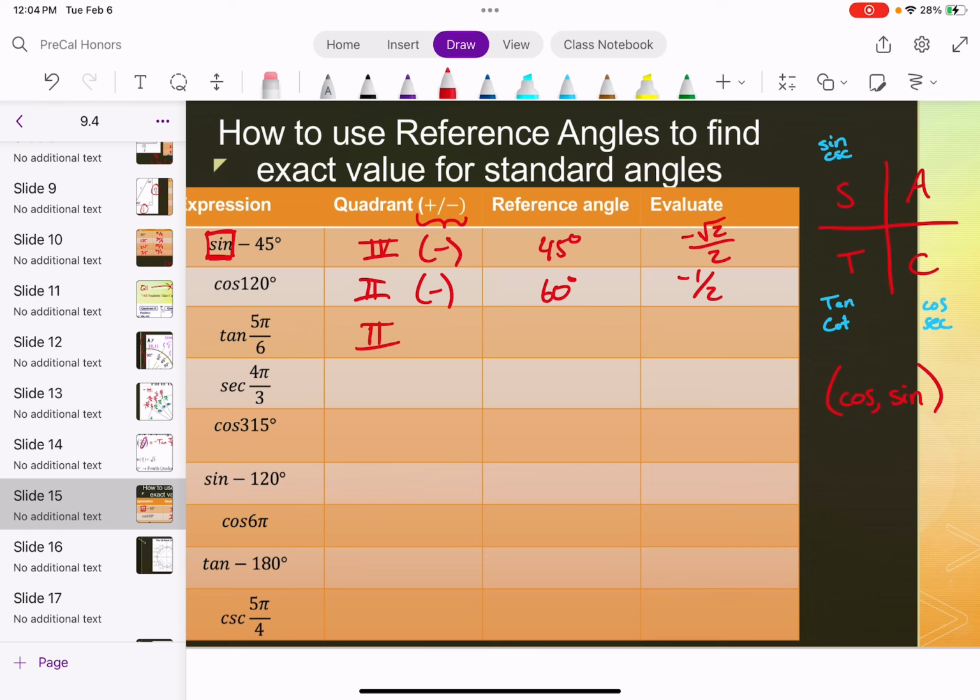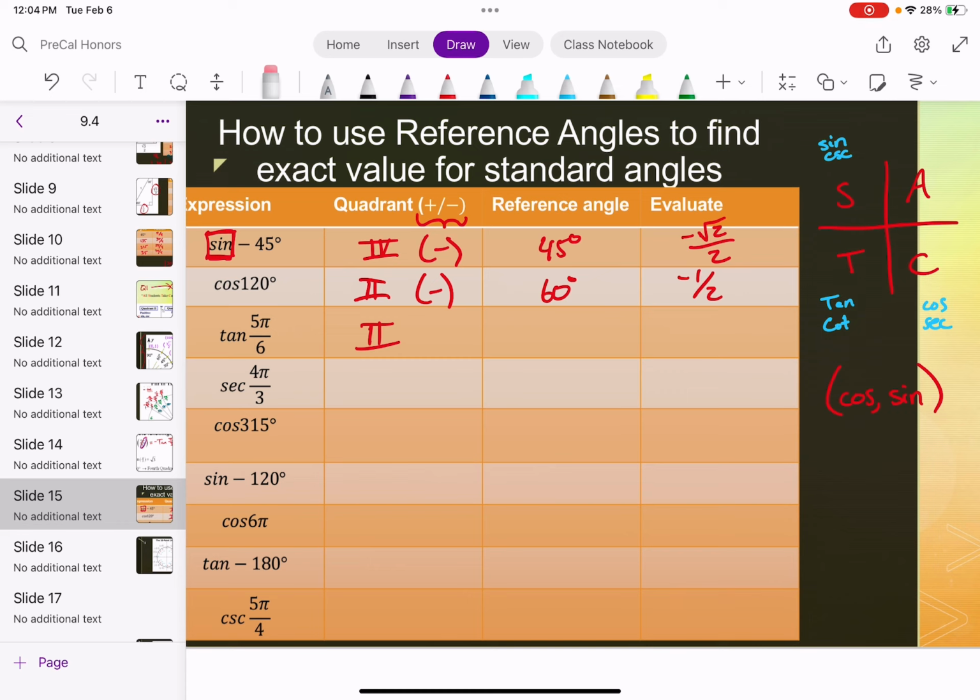We know that because 6 pi over 6 would end up giving us 180. So since we are falling just short, it would be in quadrant 2. We take a look at all students take calculus, and the only thing that is positive within quadrant 2 is our sine.